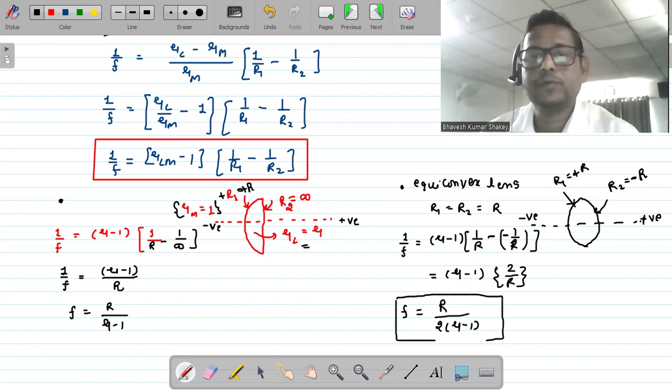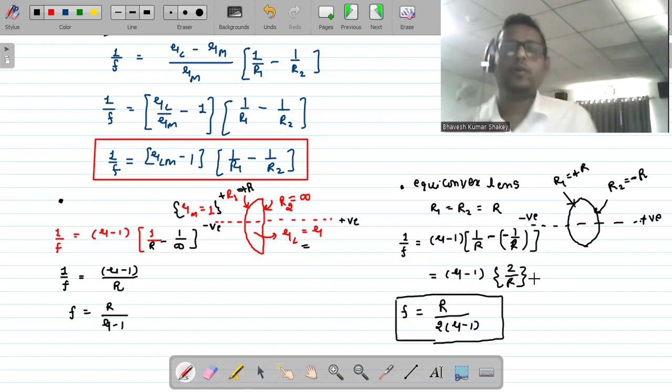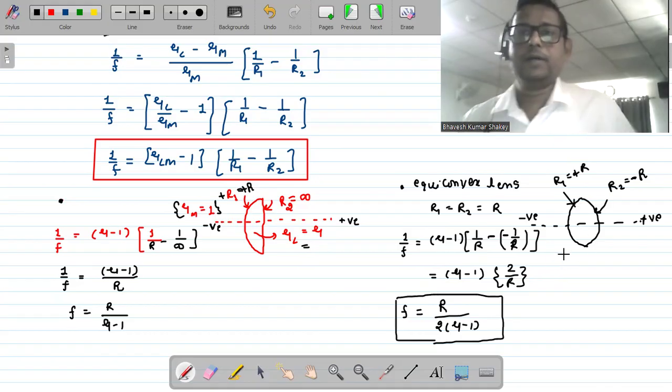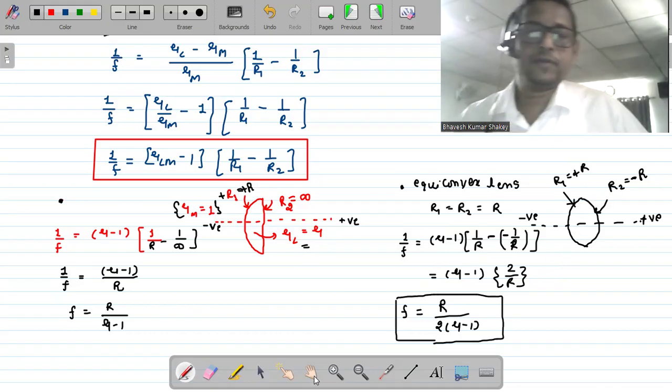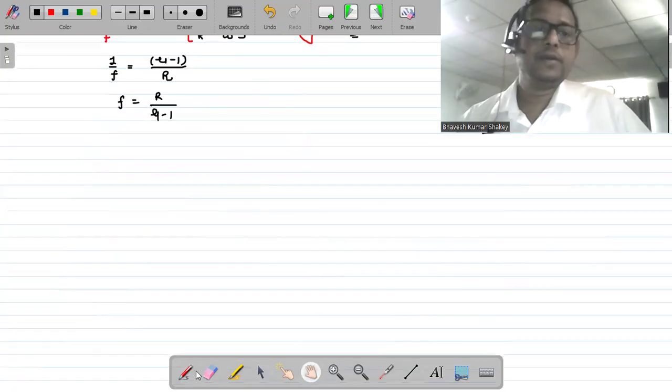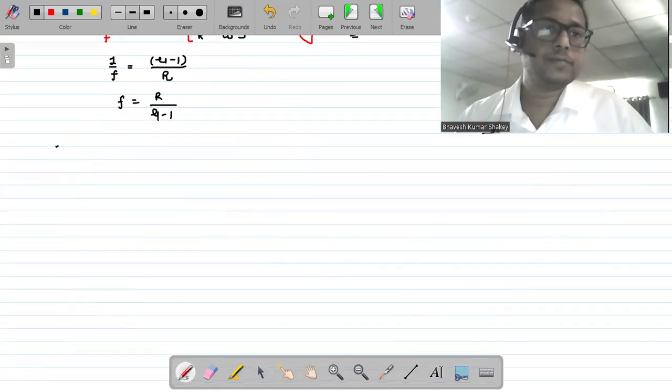I hope you all understand how to take the sign for the radius of curvature.